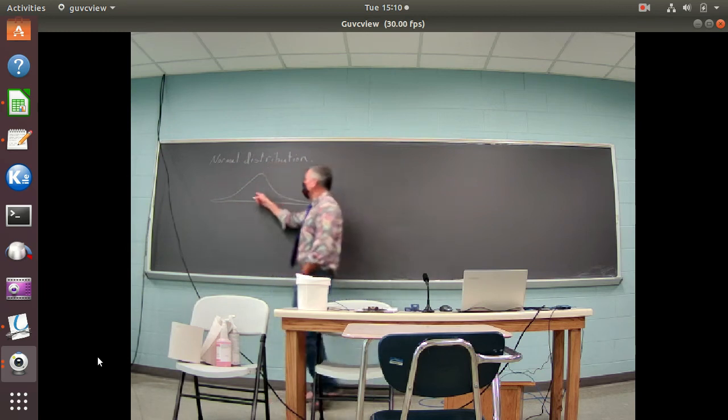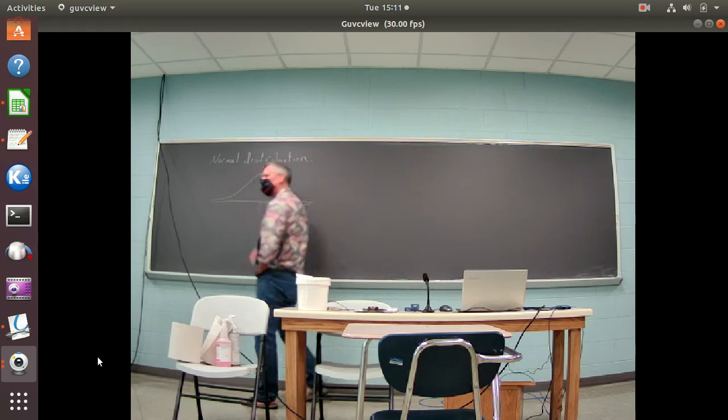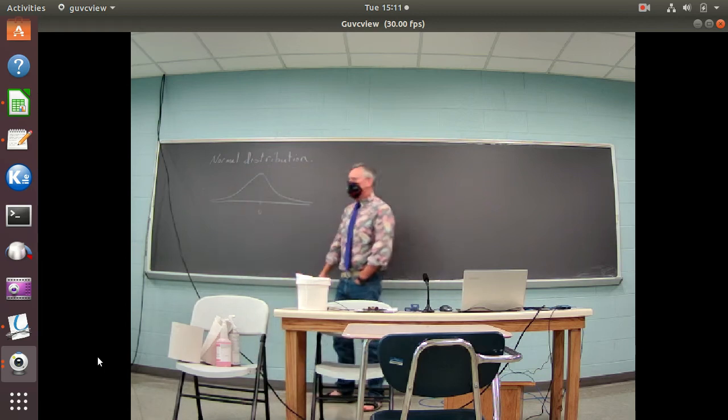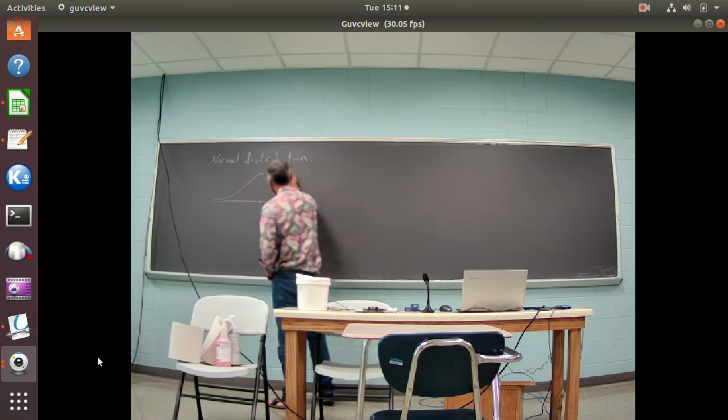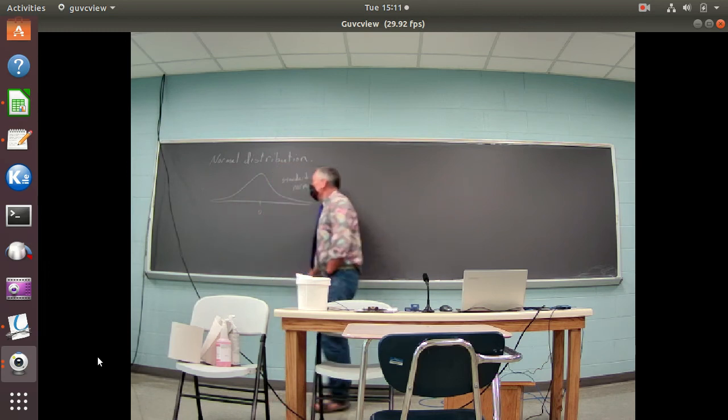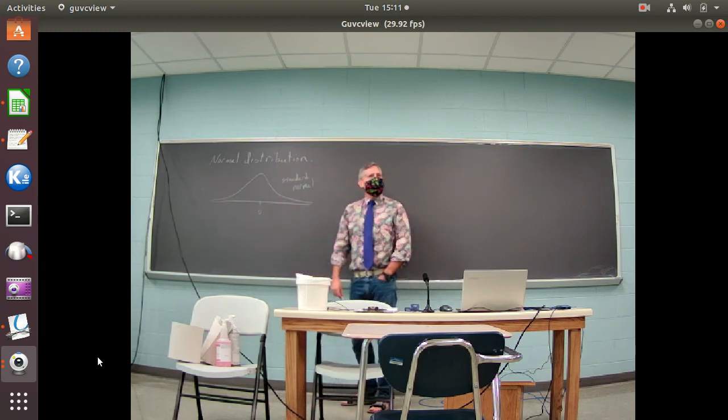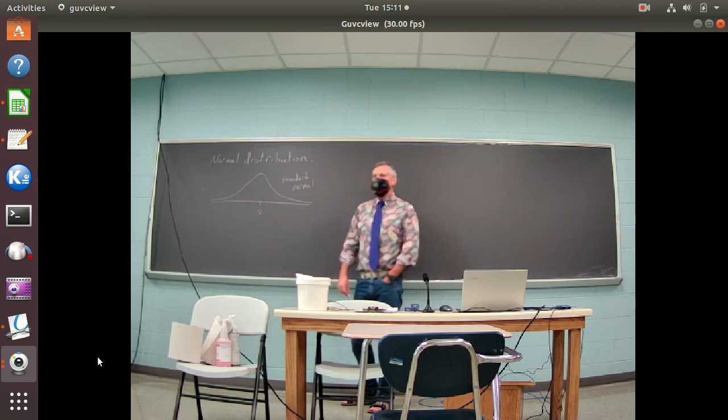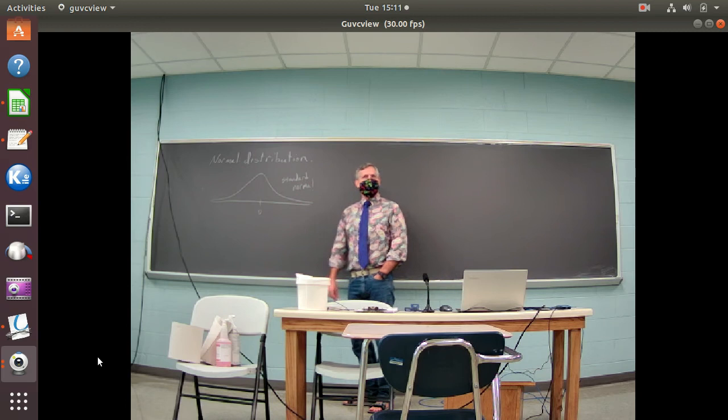Half the area is over here and half the area is on the right-hand side. And so this is a standard normal. And it has a couple of interesting properties about it. And it turns out this is what makes it so useful.